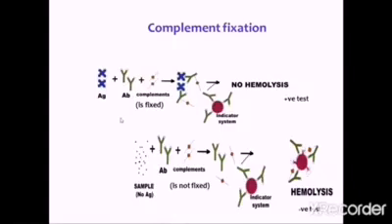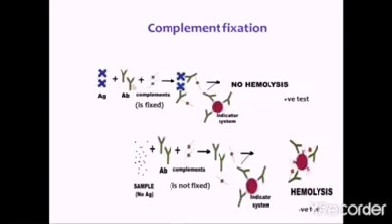For example, use a known antigen and determine whether a patient's serum contains antibodies to that antigen. They are mixed, and a measured amount of complement, usually from guinea pig, is added. If antigen and antibody match, they will fix this complement.